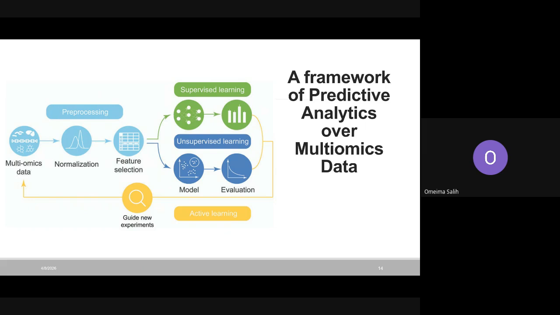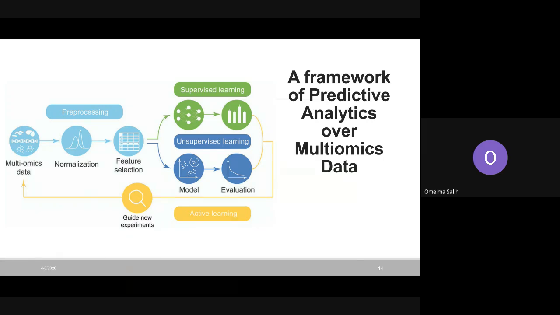So this is the difference between the different types of AI approaches, but this is a new revolution in the multi-omics approaches. And in fact, it gave more.